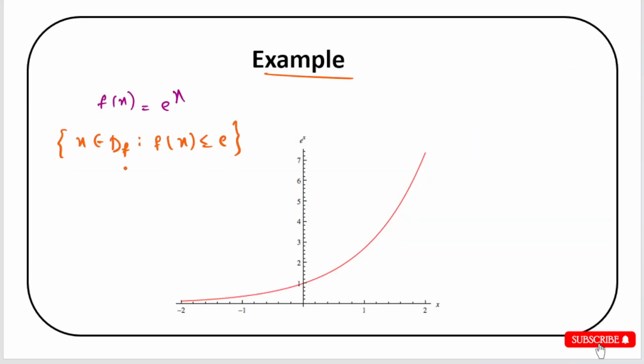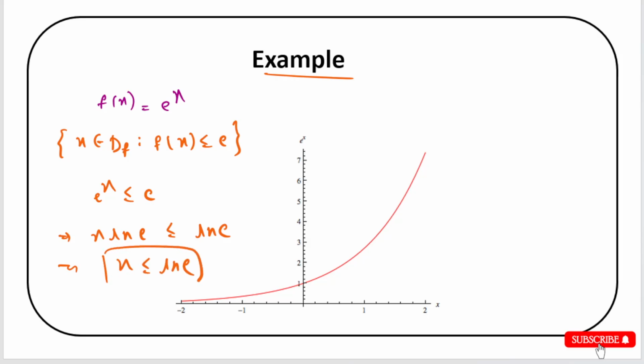Now if you replace f(x) by e to the power x, you will see e^x is less than or equal to c. Now if you take log here, x ln e is less than or equal to log c. ln e is 1, so x is less than or equal to log c.